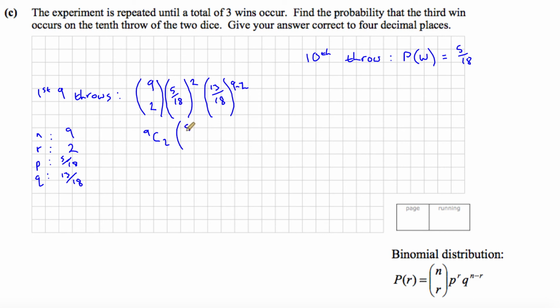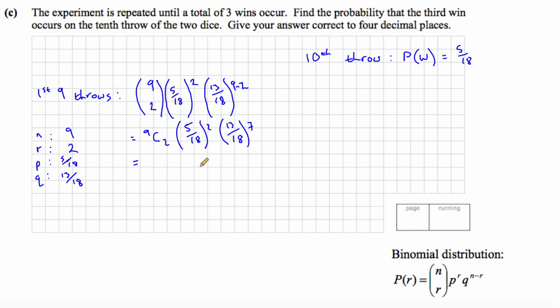So it's this that you enter into your calculator. But before we enter this, we have to remember to multiply this by the last throw, the probability of a win on the 10th throw.